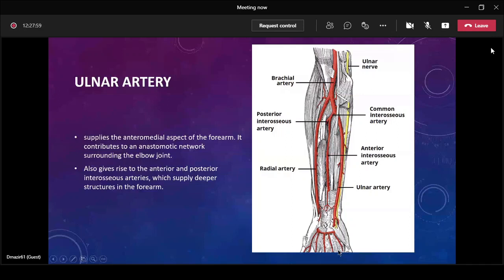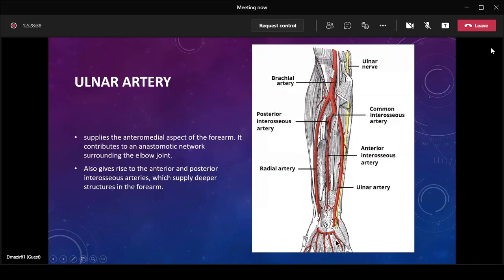So the ulnar, the radial and the common trochlear, their participation in anastomosis around the elbow, their muscular branches, their periarticular arterial twigs. These are the muscular branches of the arteries which are going towards the regional muscles. And here, at this level, they form the dorsal carpal arch and the palmar carpal arch. And these are the superficial and deep palmar arches.